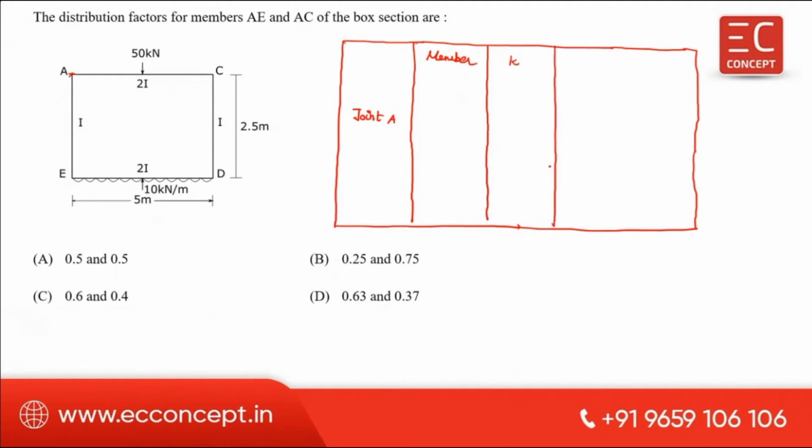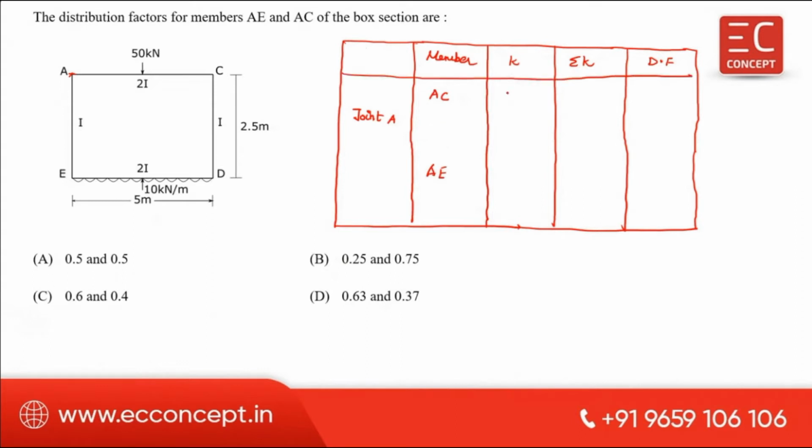Then the total stiffness. Then the distribution factor. Okay, so the members, I can write, are AC and AE.